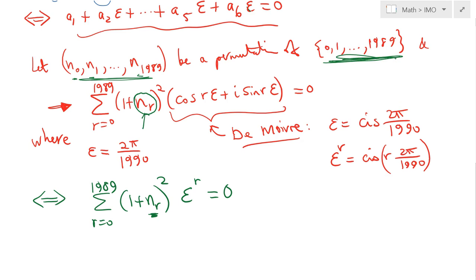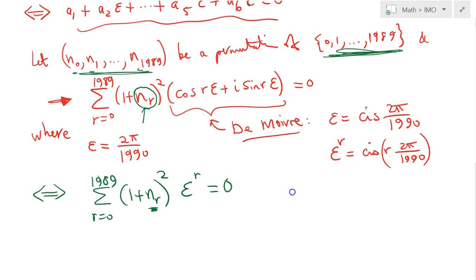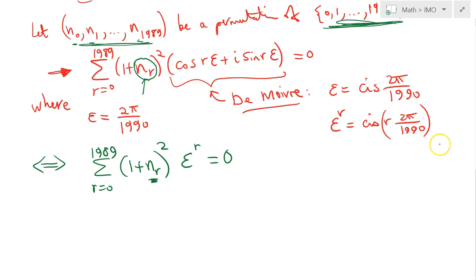So what permutation works? It's all based on the fact that 1990 nicely factorizes into 199, which is a prime, times 10, so finally 2 times 5 times 199. As a result, consider the following.